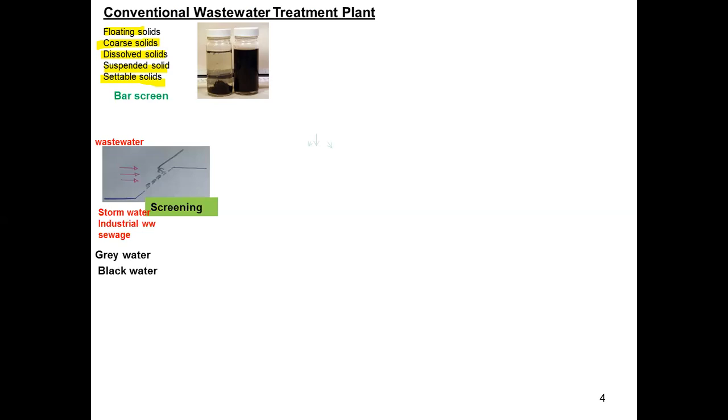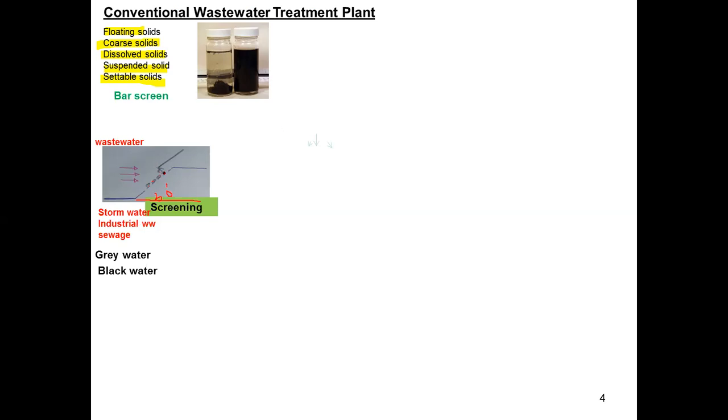When the wastewater flow goes through the bar screen, the coarse solids will remain on the screen. Usually bar screens are kept at an angle of 30 to 60 degrees, so it has an inclined position.